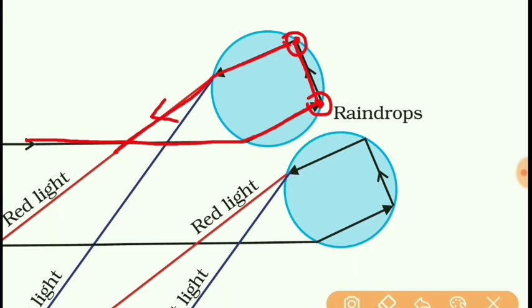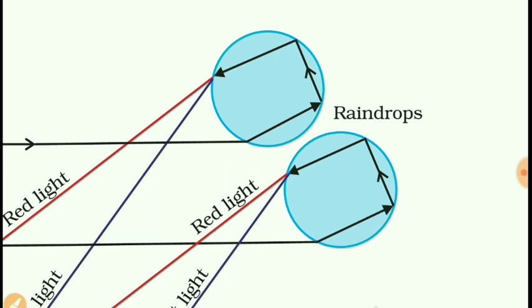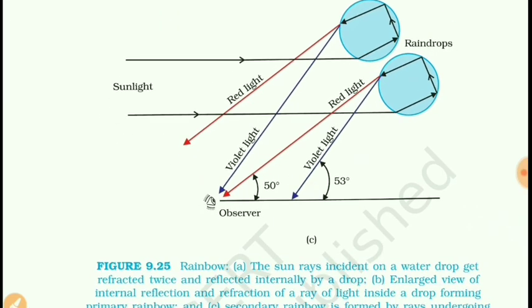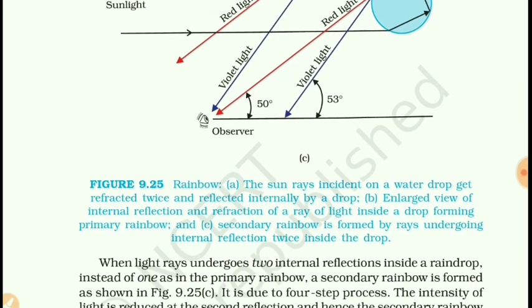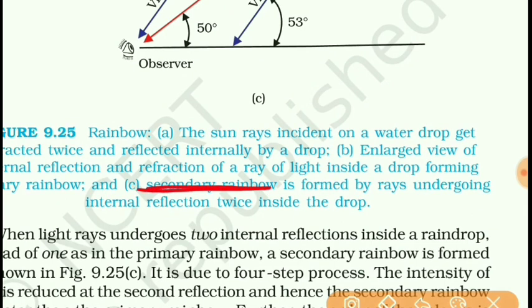So refraction takes place at these 2 points and reflection takes place at these 2 points. And so double rainbows are observed. Here it is written that primary rainbow as well as secondary rainbow are observed.